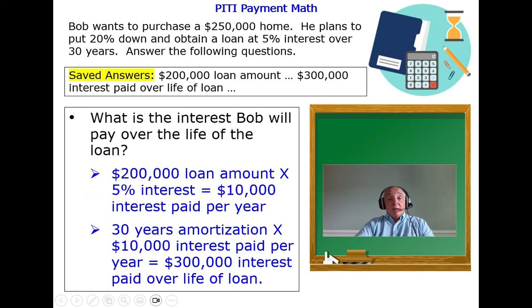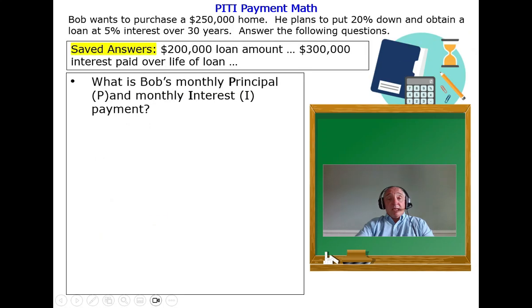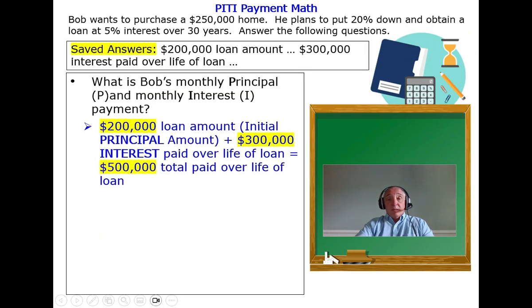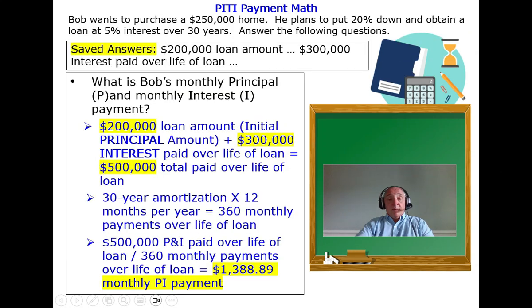And so remember, if we found the P&I payment right here, we did all this and we got $1,388.89.